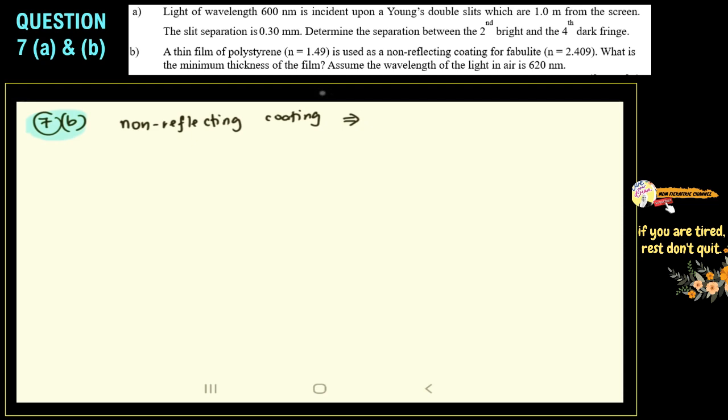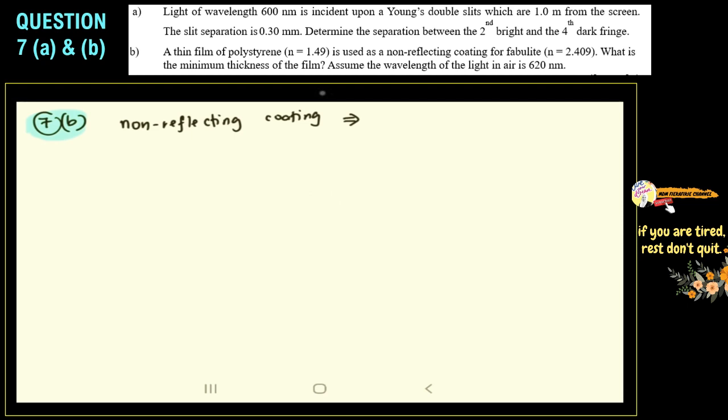Okay, it means that when we use a wavelength of 620 nanometer, we assume the wavelength of the light in air is 620 nanometer, and we use the thin film to cover the fibulite.